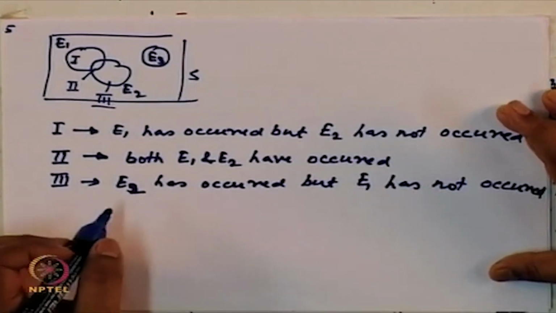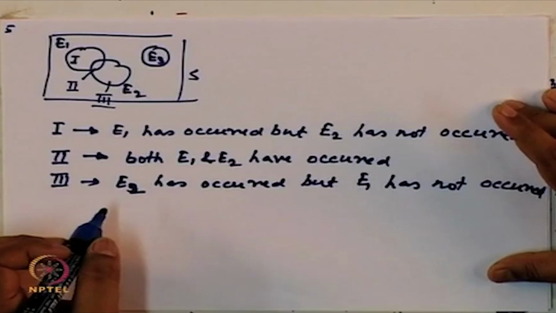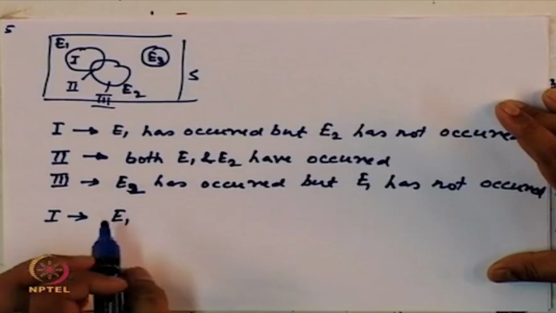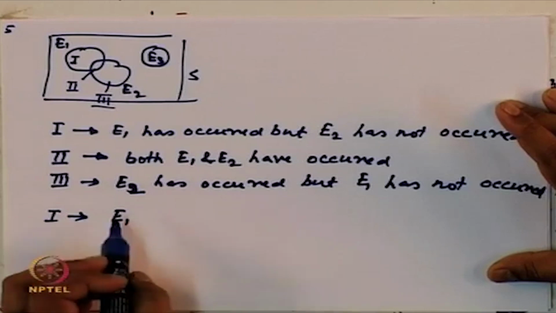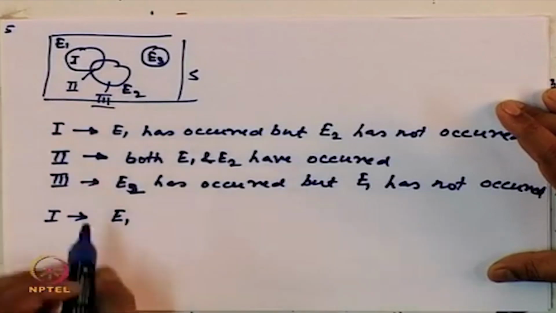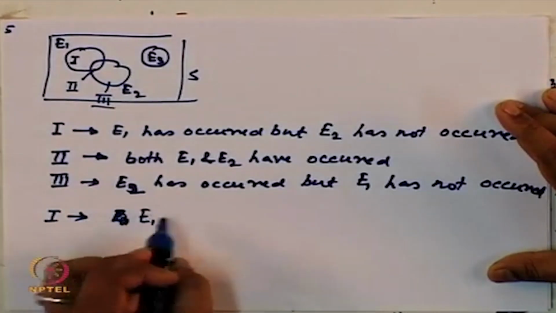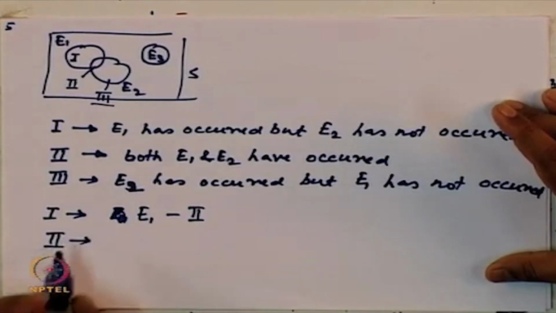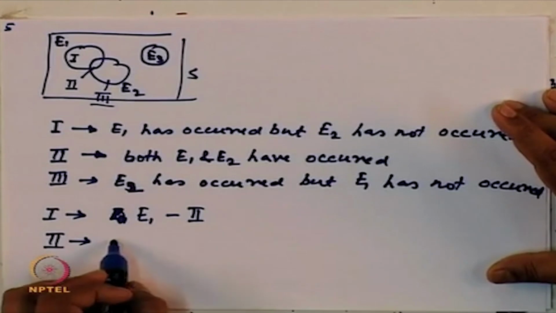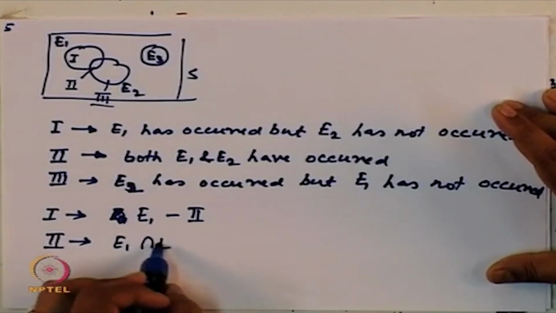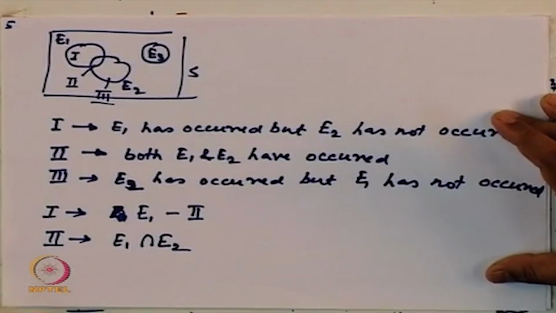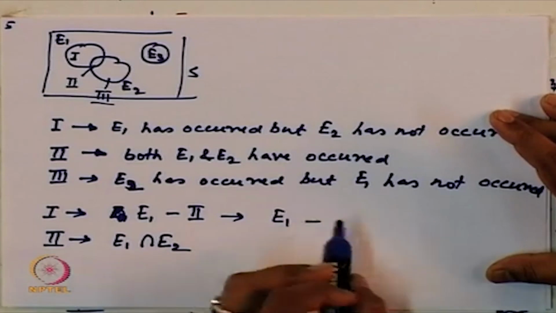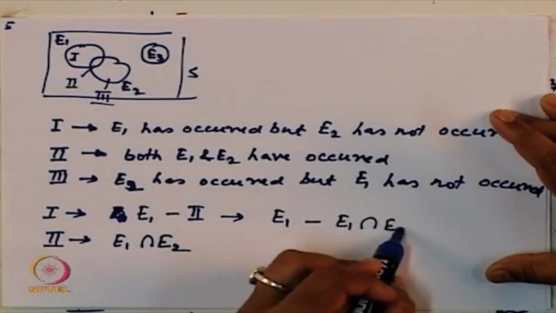So, using the concepts of union and intersection, I can write 1 is E1. E1 is the whole event, so 1 is simply E1 minus the area 2. Let us find out what area 2 is. Area 2 is nothing but E1 intersection E2, and so area 1 becomes E1 minus E1 intersection E2.